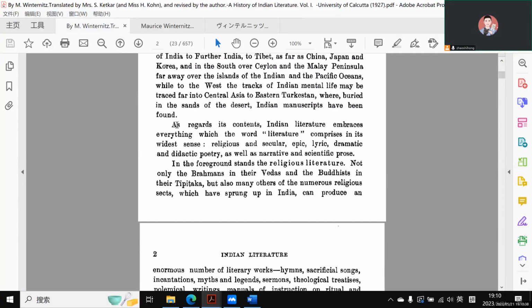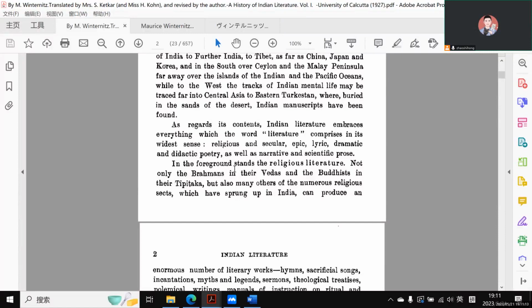Okay, let's see here. As regards its contents, he is talking about what Indian literature means and what it consists of. Indian literature embraces everything which the word literature comprises in its widest sense: religious and secular, epic, lyric, dramatic, and didactic poetry, as well as narrative and scientific prose.